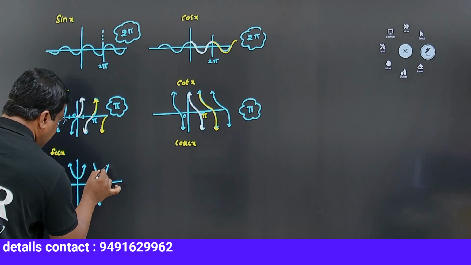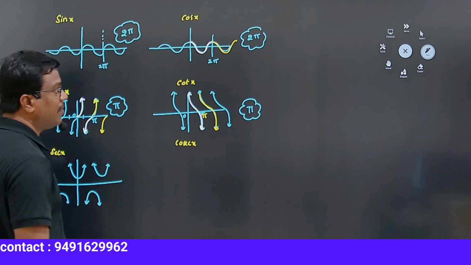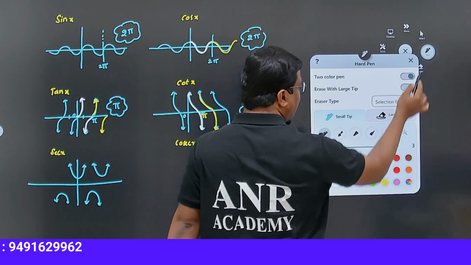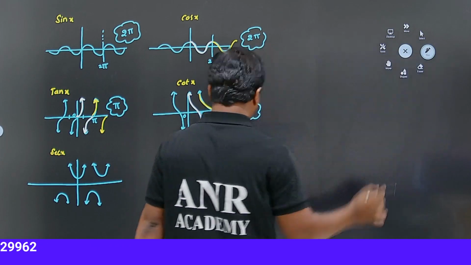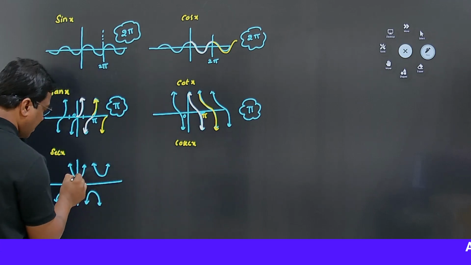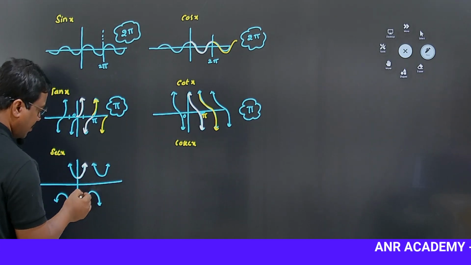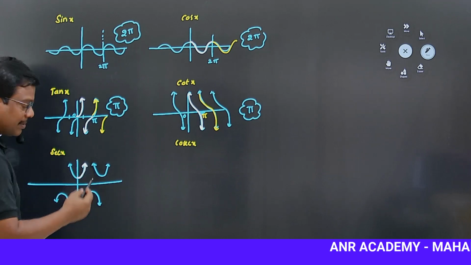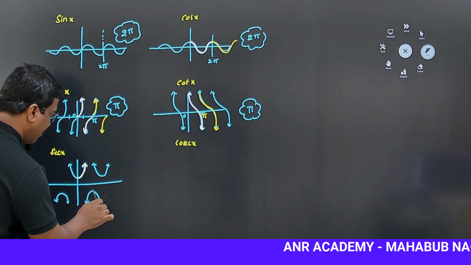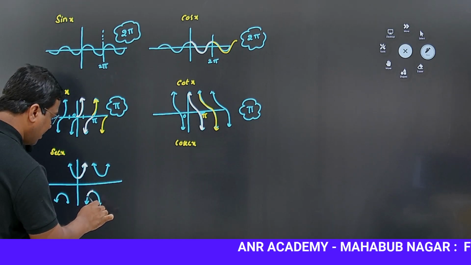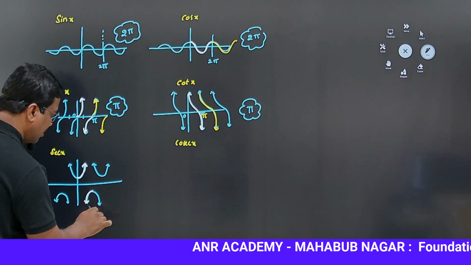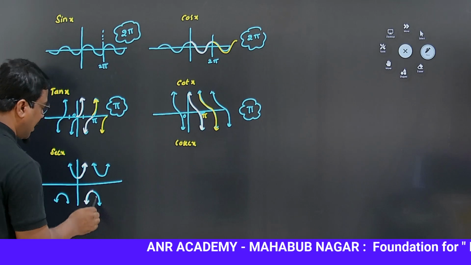Then it continues. This is the graph, and let us observe the graph near the origin. It is increasing from 0 to pi by 2. In the interval 0 to pi by 2 it is increasing. Next, from pi by 2 to pi it is also increasing.